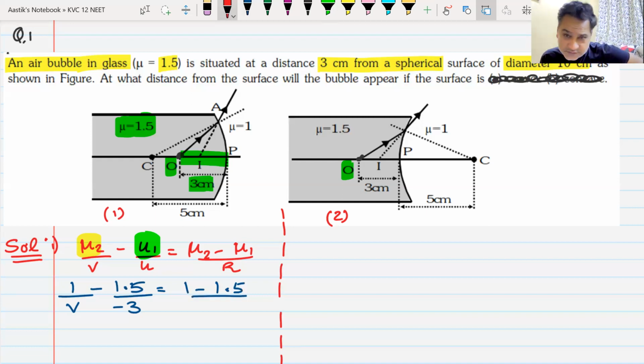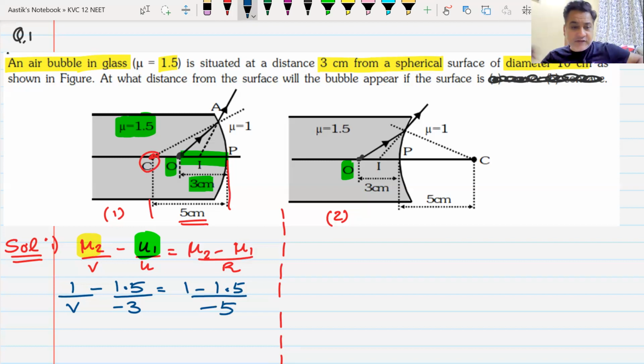Plus 5 or minus 5? The center of curvature is somewhere here for this surface, and this is 5. Is it plus 5 or minus 5? Minus 5. That was the mistake, my dear friend, and that was giving you the wrong answer. Do we understand what will happen if I use the wrong sign convention?